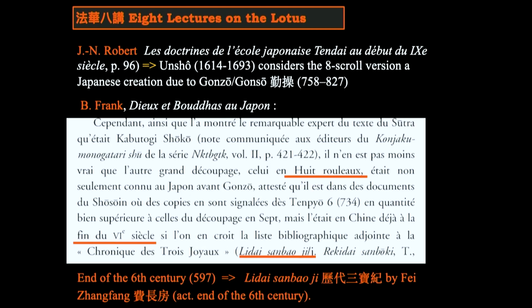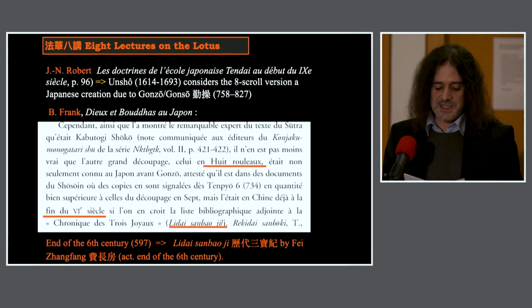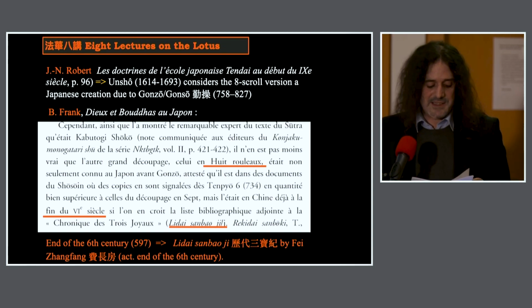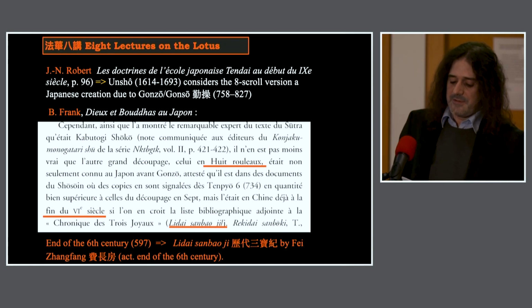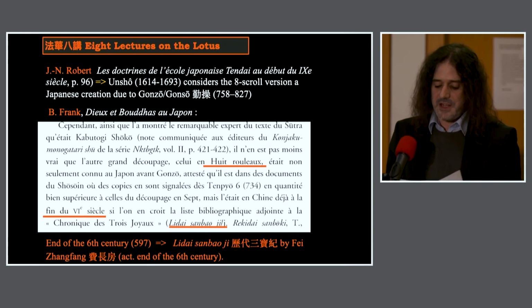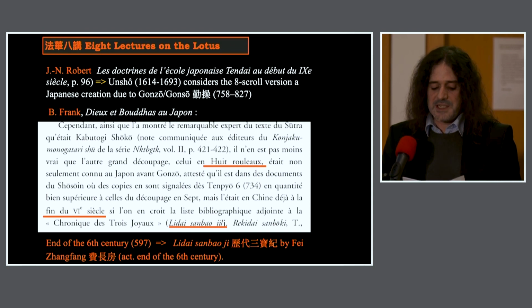As mentioned by Professor Jean-Noël Robert, late Japanese sources consider the 8-scroll version a sort of Japanese creation due to the Buddhist master Gonzo. However, as noted by Professor Bernard Frank, the 8-scroll version was already circulating in China at the end of the 6th century.